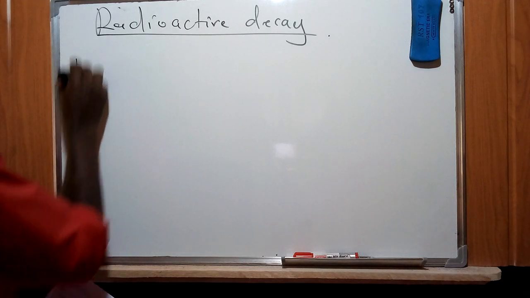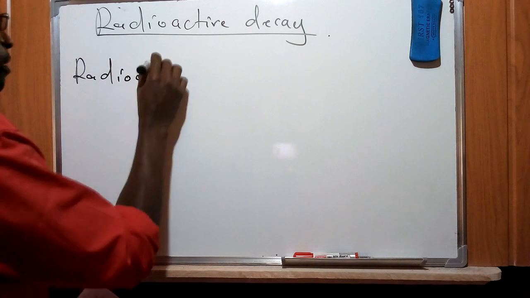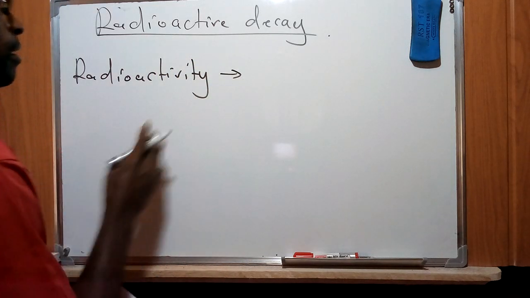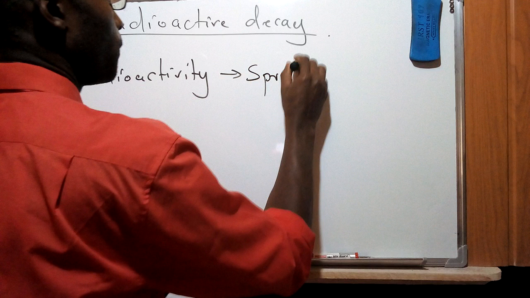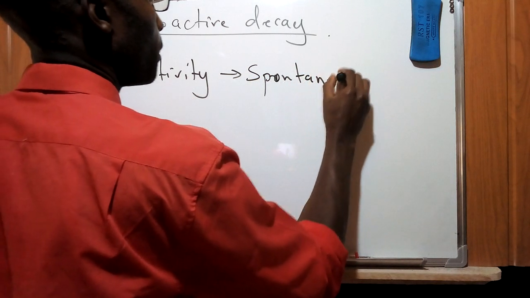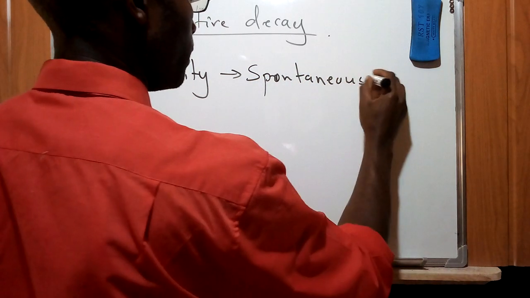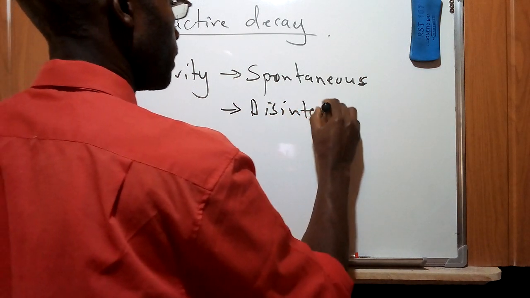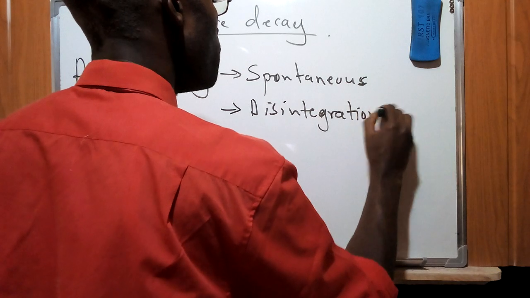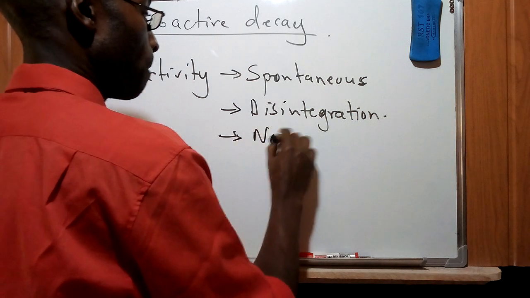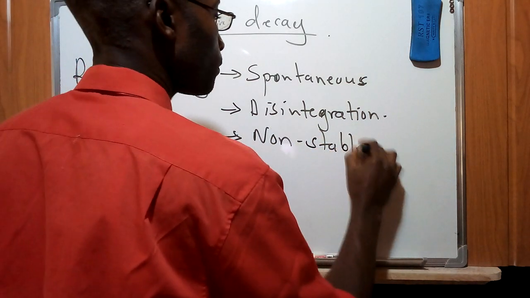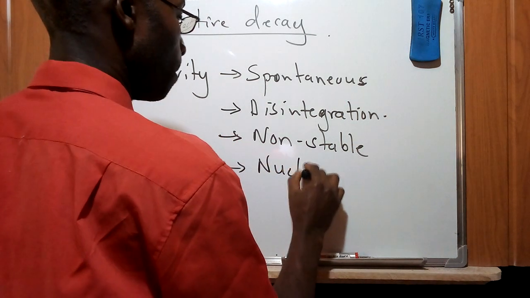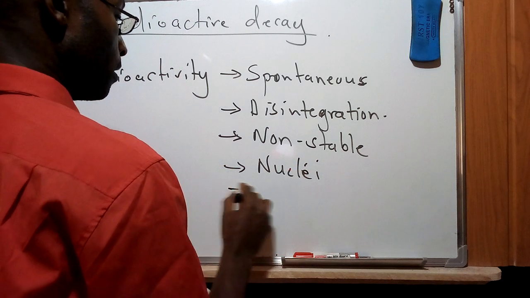In an actual sense, we say that radioactivity, just going to list the main points, is the spontaneous disintegration of non-stable atomic nucleus or atomic nuclei to form stable ones.